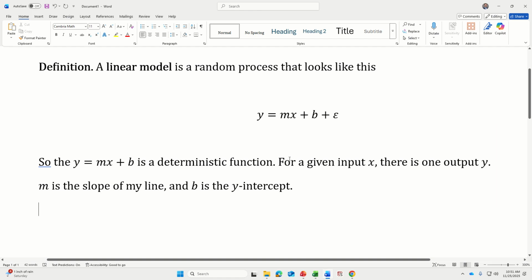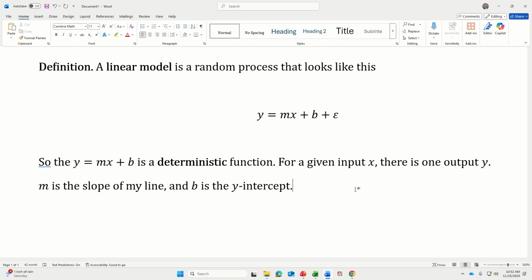You're familiar with y equals mx plus b from Algebra 1 years and years ago. I'm using the word deterministic to draw a contrast with a random variable. There's nothing random about y equals mx plus b. You tell me what the x value is, and then I have a formula to calculate and tell you what the y value is going to be.